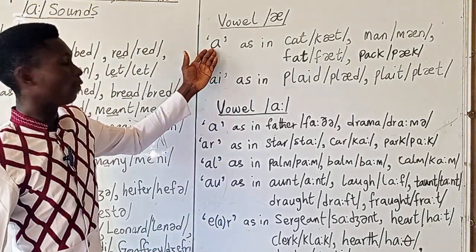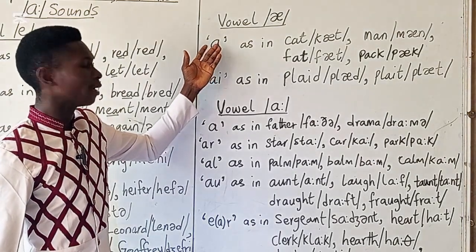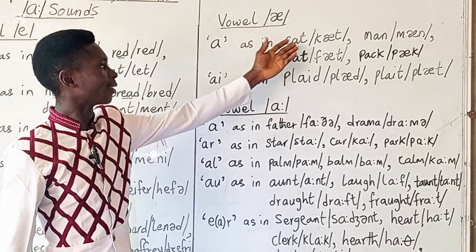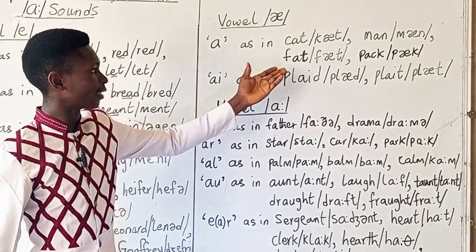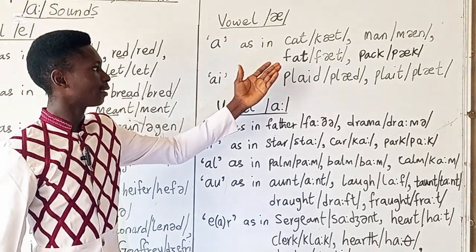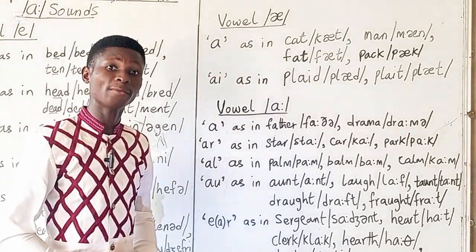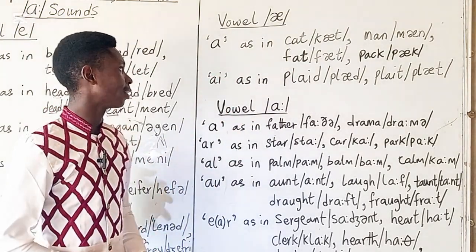So the first spelling for the R sound is letter A, as in cat, man, fat, pack. So in place of letter A in those words, we have the R sound.